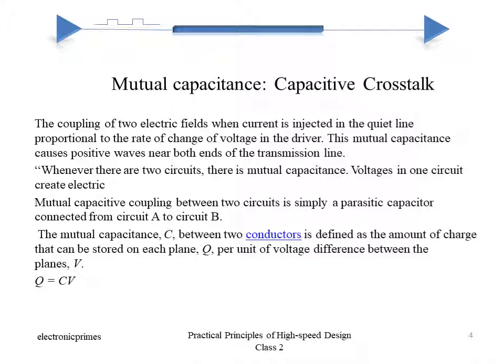Mutual capacitance coupling between two circuits is simply a parasitic capacitor connected from circuit A to circuit B. The mutual capacitance C between two conductors is defined as the amount of charge that can be stored on each plane, Q, per unit of voltage difference between the planes, V. So we derive Q = CV.